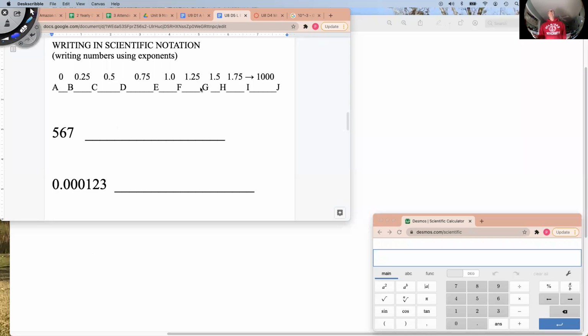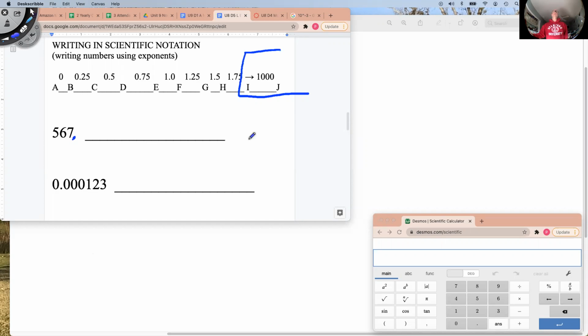Notice the number 567 falls up here in the big zone. Everything from here on out pretty much is the big zone. Those are big numbers, all right? So the number 567 is a big number. The decimal place isn't shown, but it's right there.